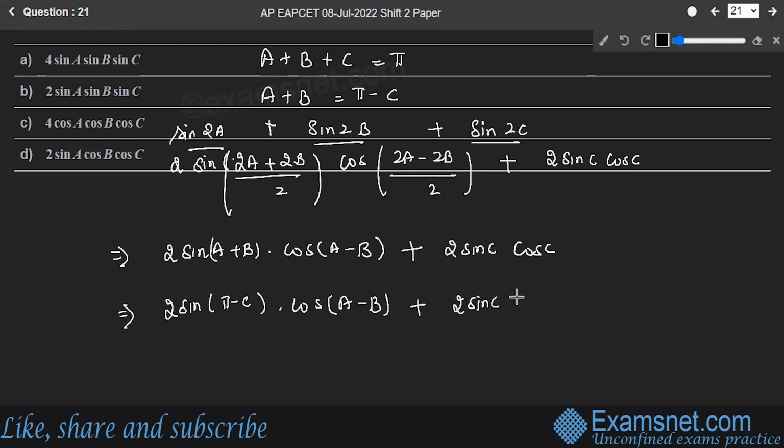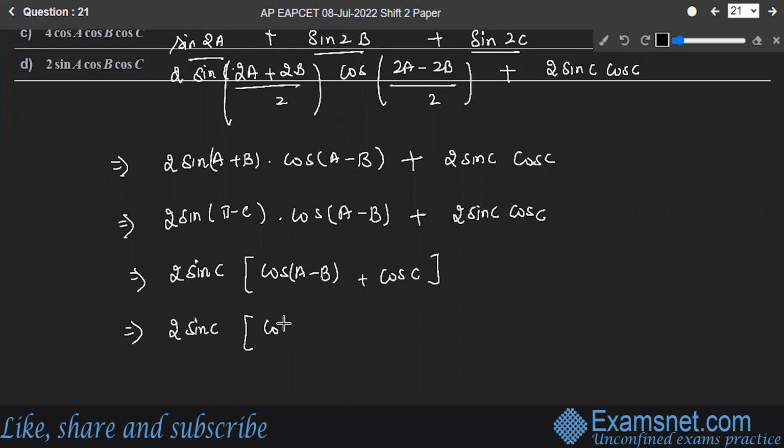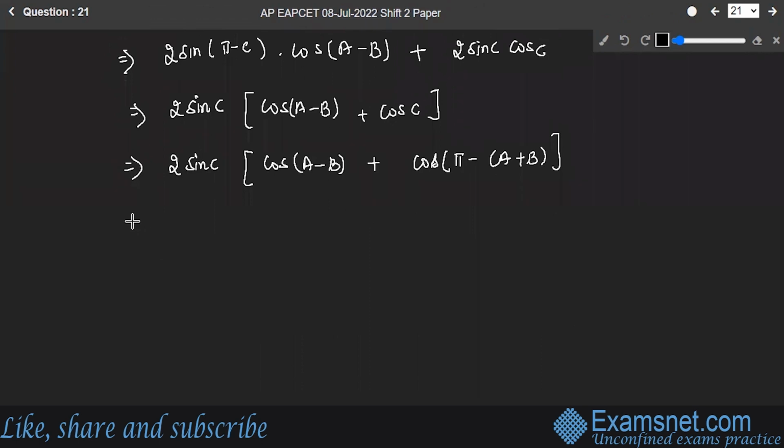So this is 2 sin C cos C, which makes it equal to 2 sin C brackets cos(A − B) plus cos C, which gives 2 sin C times cos(A − B) plus cos(pi − (A + B)), which is 2 sin C cos(A − B) minus cos(A − B).